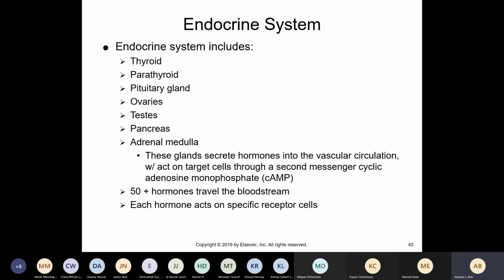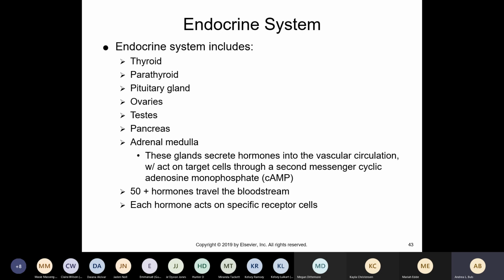Parathyroid is important in our body's ability to control calcium levels. The pituitary is growth hormones. If you're producing too much growth hormone, you might be super tall. If you don't produce enough, you're going to be smaller. So that's kind of what the endocrine system is.